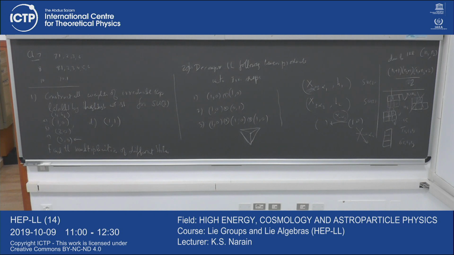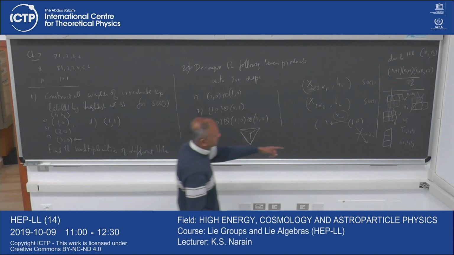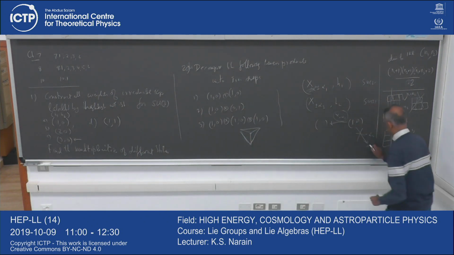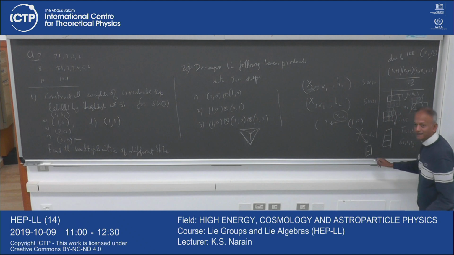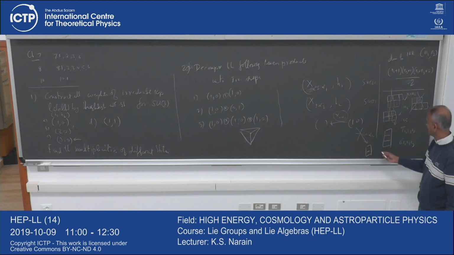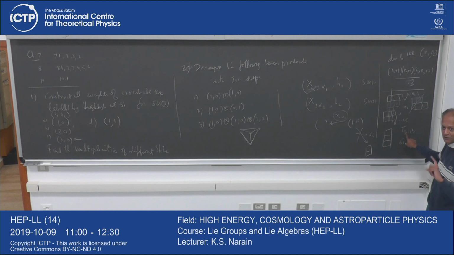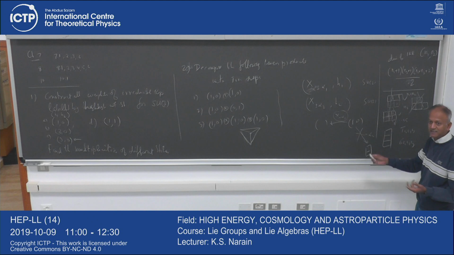That is used for SU2, which is the same as SO3, and it's much easier. For SU2 even this is trivial, because each index is only two-dimensional, the fundamental, so the only anti-symmetric thing is epsilon ij, and you can get rid of that.